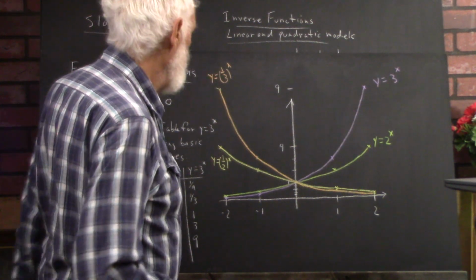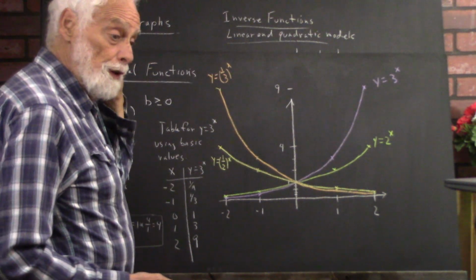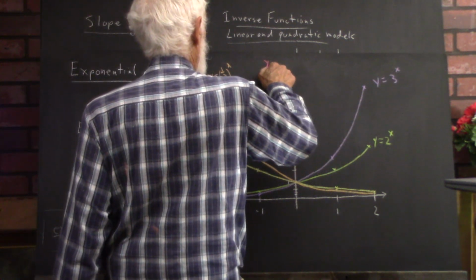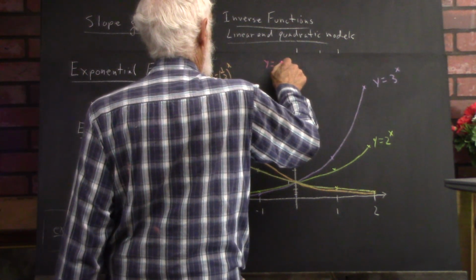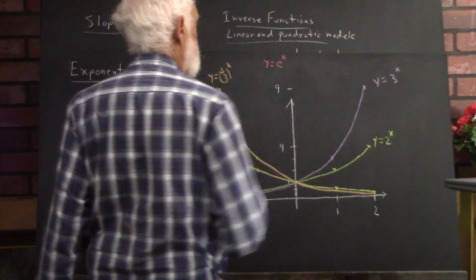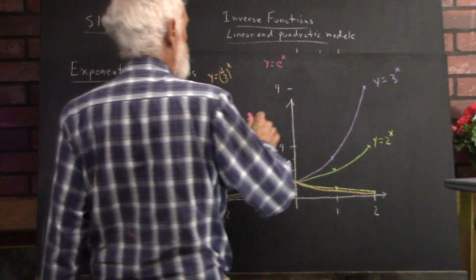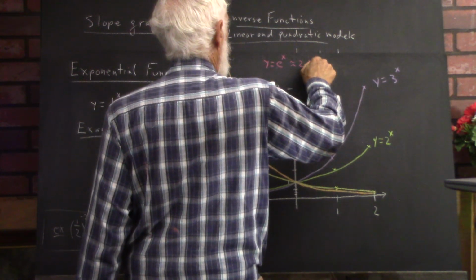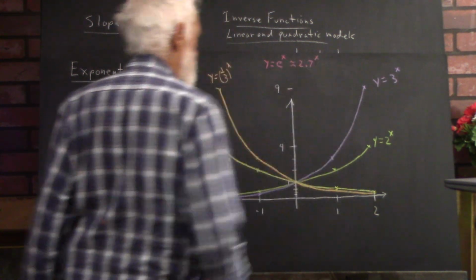We want to look at the graph of y equals e to the x, and we're going to explain where e comes from and define it. Okay, y equals e to the x, which approximately is 2.7 raised to the x.